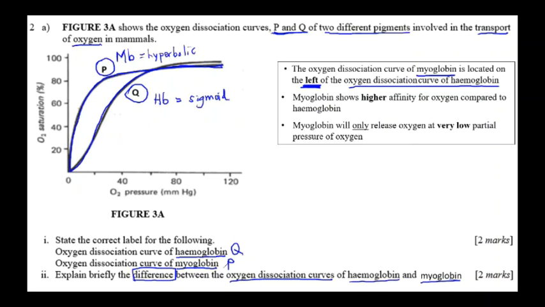We always relate the curve on the left to higher affinity for oxygen. You can tell from this curve.